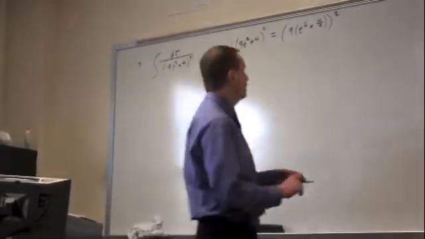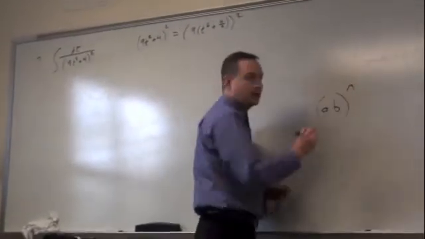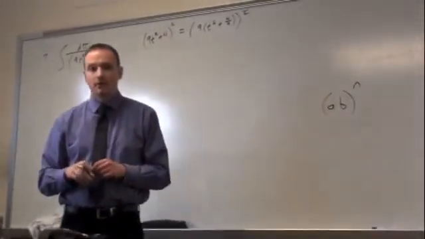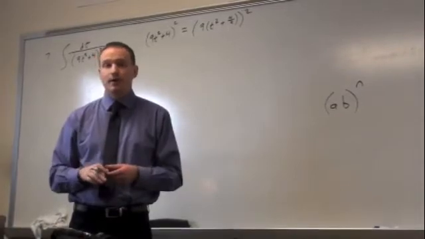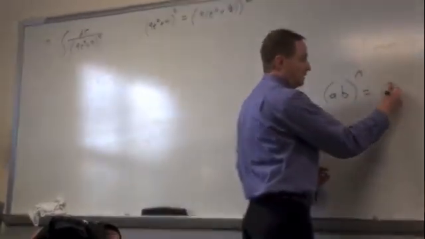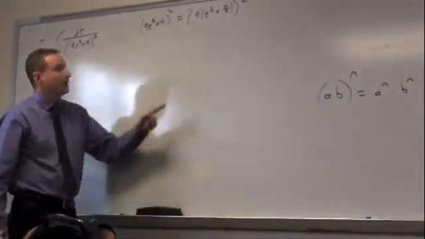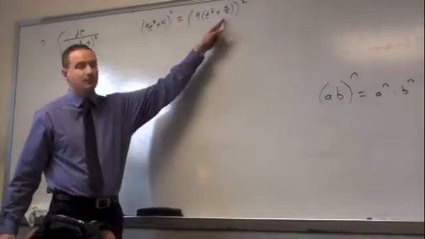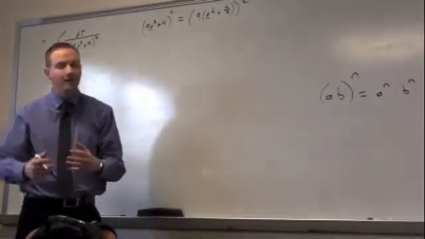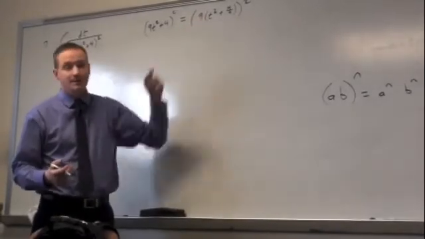What's the rule if you have a product to a power? Each term of that product is raised to that power, right? You can just say this is equal to a to the n times b to the n. That's the same thing I'm going to do here. Now that I've factored the inside, and you need to see why did he factor the inside? Because I needed a 1 in front of my t squared term.